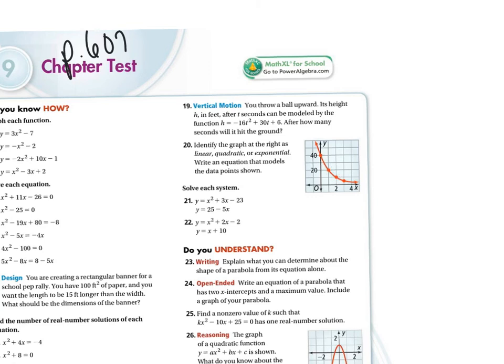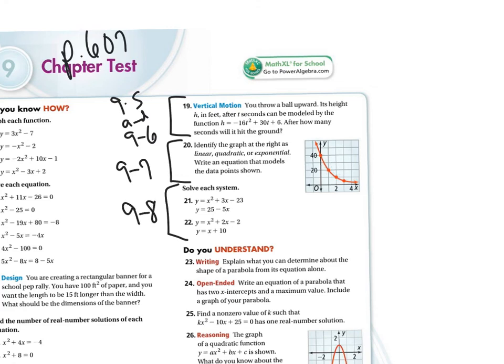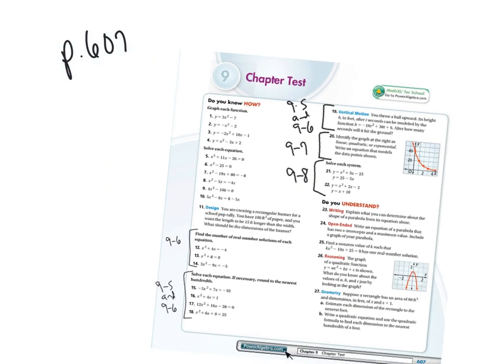And then 19, that goes with 9.5 and 9.6 as well. 20 goes with lesson 9.7. 21 and 22 goes with lesson 9.8. So those would be the ones I would key in on for reviewing this.